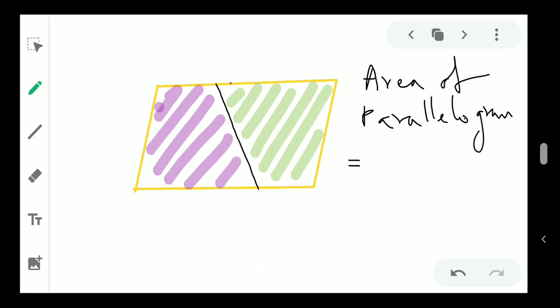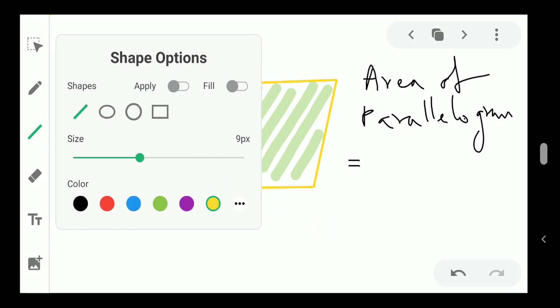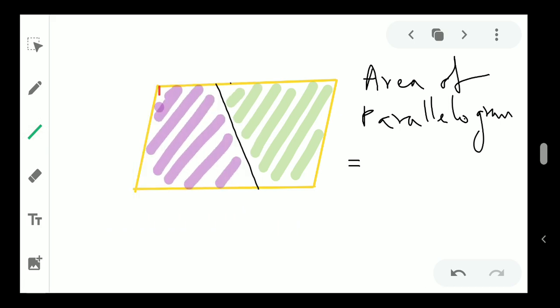If the shortest distance between the two parallel lines is this red line, let's say H, and if I draw it here also, it will be the same H, because this red one is forming a rectangle.